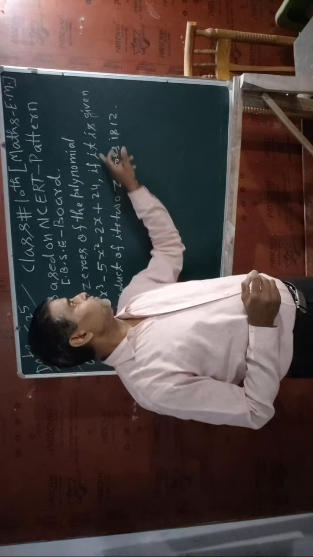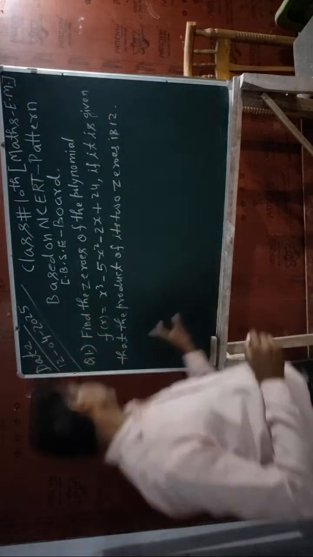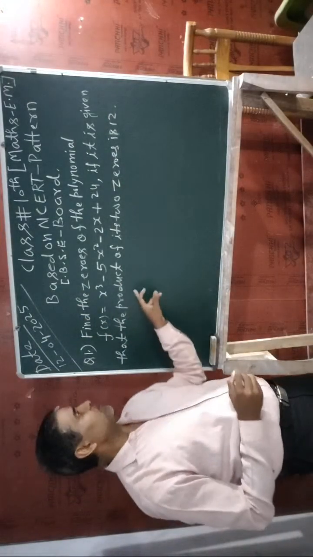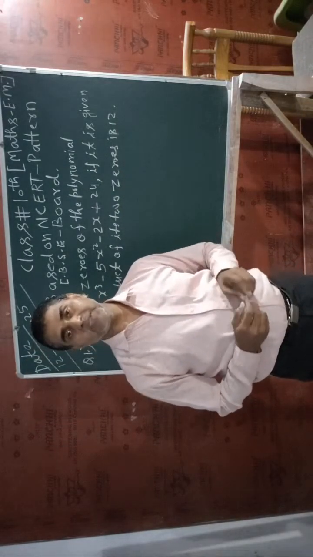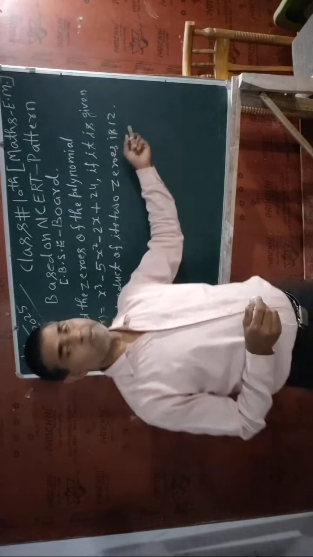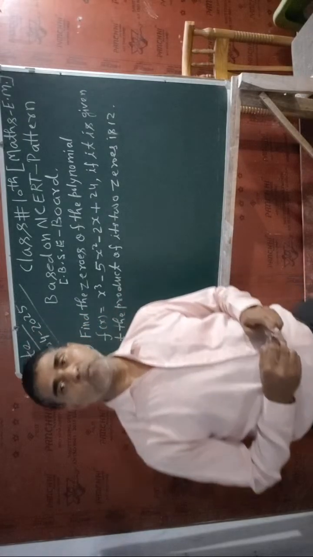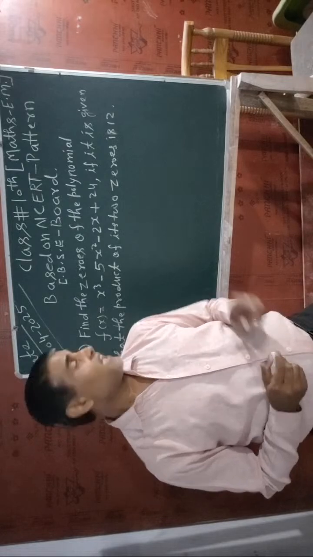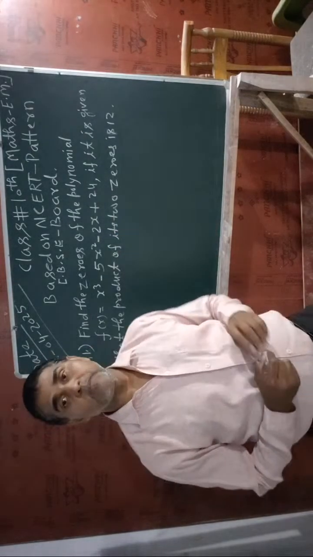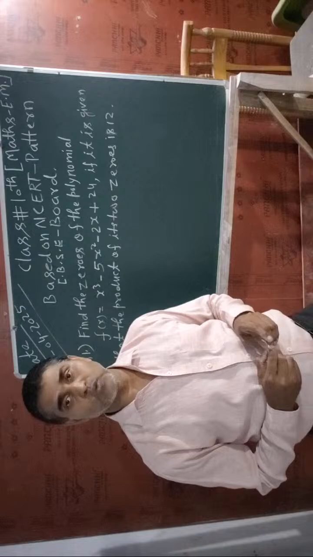Now, it is given that the product of its two zeros is 12. A condition is given here. In a cubic polynomial you have to know that it has 3 roots.